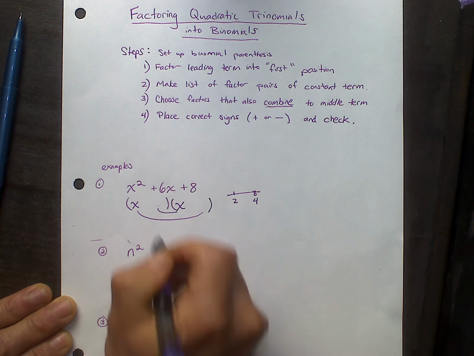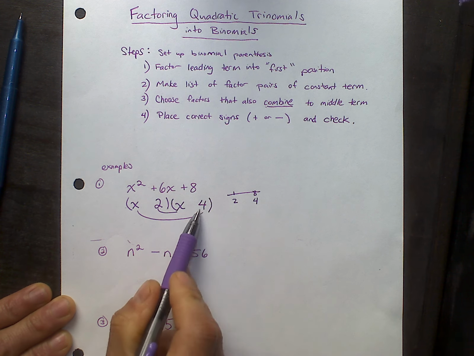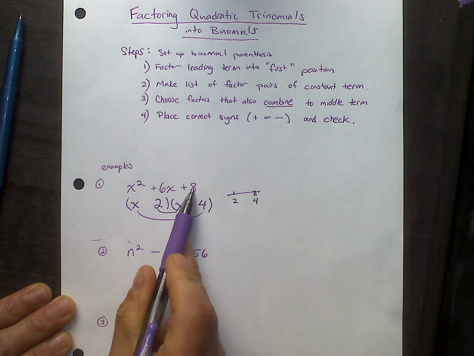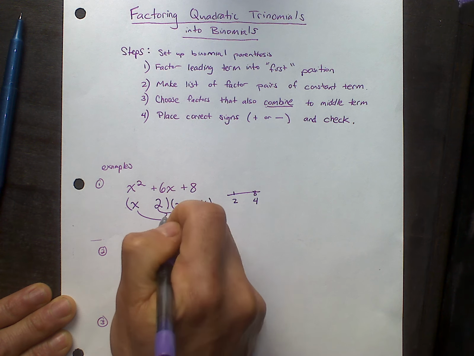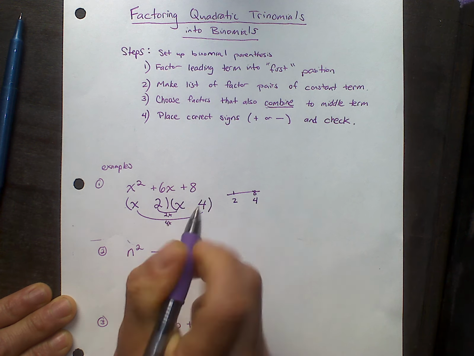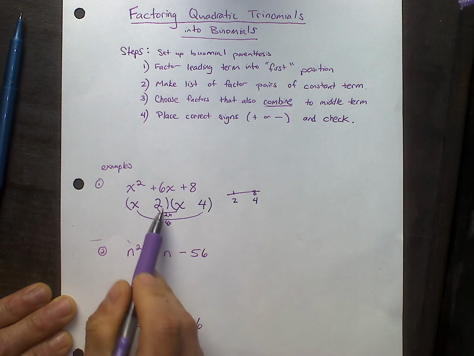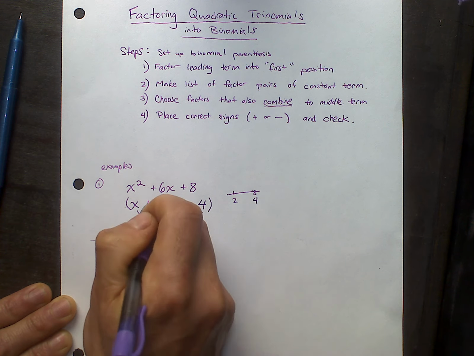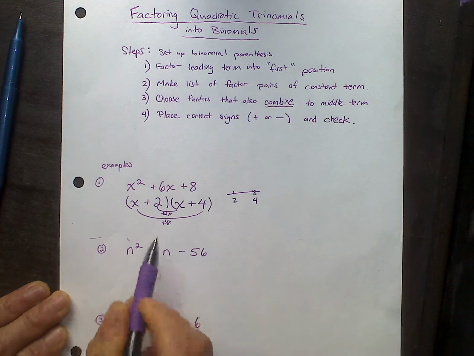So my better choice will be 2 and 4. 2 and 4 will multiply to 8. And when I look at the inside and outside products, 2x and 4x, if they are both the same sign and both positive, then it will add up to the 6x. 2x plus 4x equals 6x.